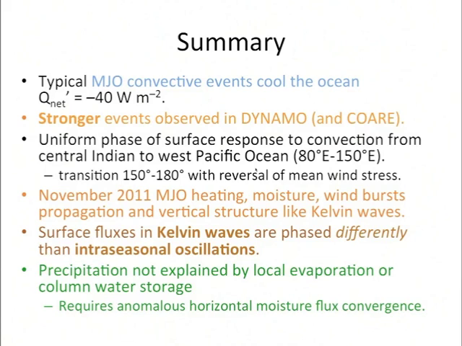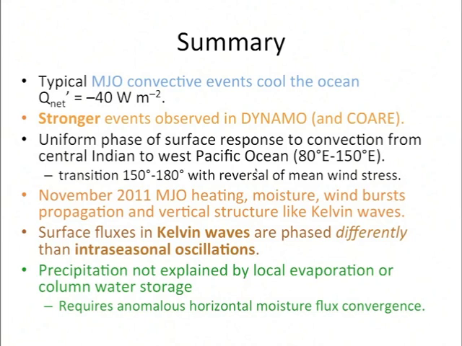To summarize, a typical MJO convective event cools the ocean with a net heat flux of about 40 watts per meter squared. I think that was actually considerably higher in DYNAMO. Stronger events were observed in DYNAMO, and also stronger events were observed in TOGA COARE. There's a uniform phase of the surface response to convection from the central Indian to the West Pacific Ocean.